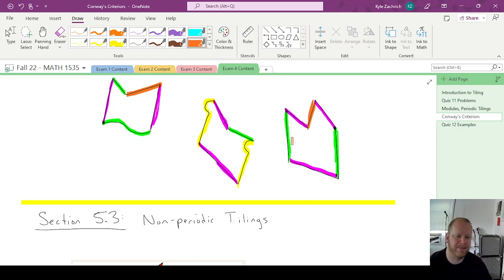Now, this doesn't mean that there's no way for the shape to satisfy Conway's criterion, but in its current state, right? If I asked you, "Hey, I broke this up into pieces like this. Is this okay?" The answer is no. It's not okay because these two pieces that are direct translates of each other are not on opposite sides.